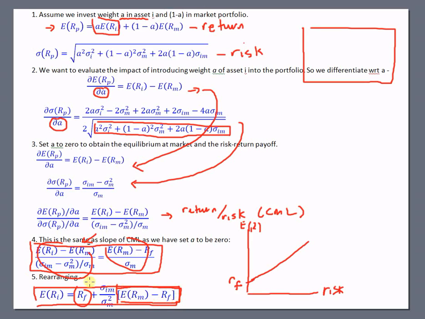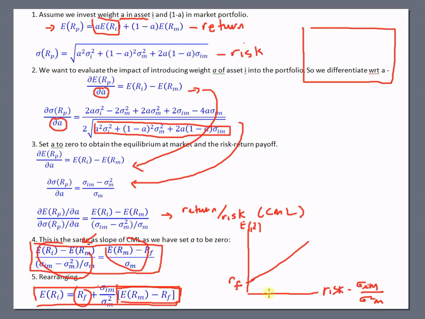Okay, we call this risk sigma im over sigma squared. This is the covariance term between the asset and the market portfolio. This is the variance term of the market portfolio. Okay, so you have to be careful. This is the x-axis, and this is actually the slope.